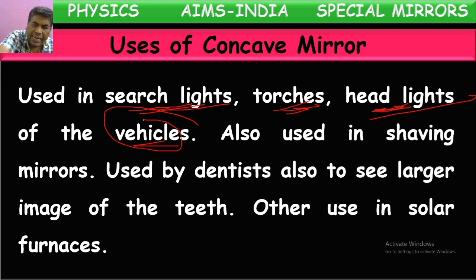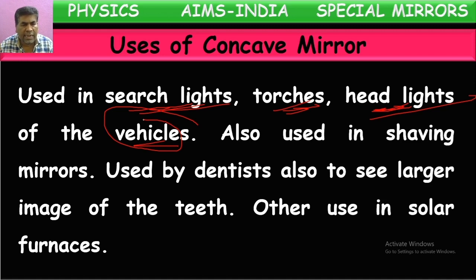So the lighting will be enlarged, and while we are traveling on the road, we can observe the enlarged lighting in the front part, so that we can drive carefully. So this nature is used for making searchlights, torchlights, headlights like that.